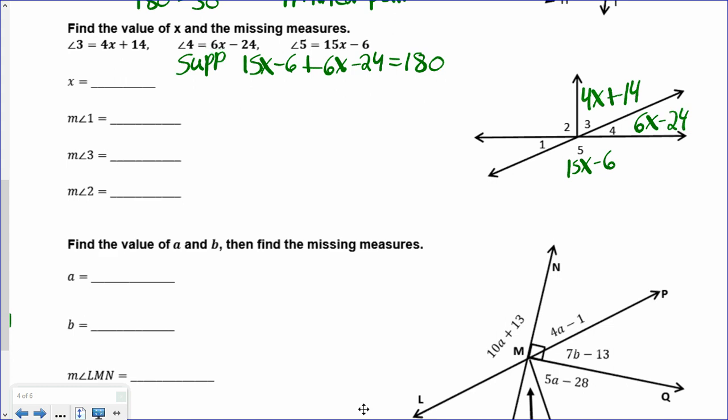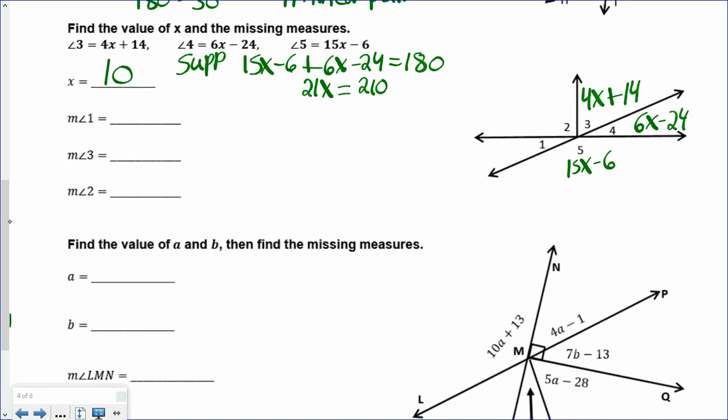Doing some mental math, you get 21x equals 210, and when you divide, you get 10. So when you do your algebra, you should get 10 after you solve that equation.